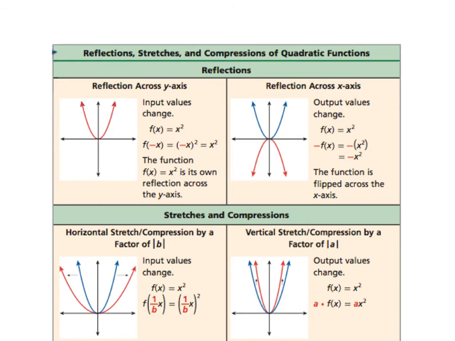Okay, now we'll talk about reflections, stretches, and compressions. So looking at reflections across the y, we're going to put the negative sign with the x, so inside parentheses. When we do a reflection across the x, it goes outside the parentheses.